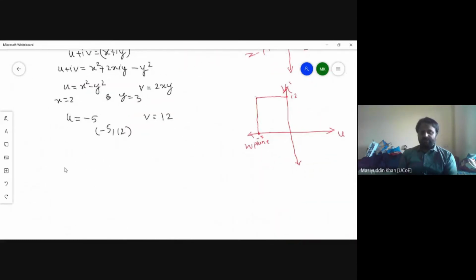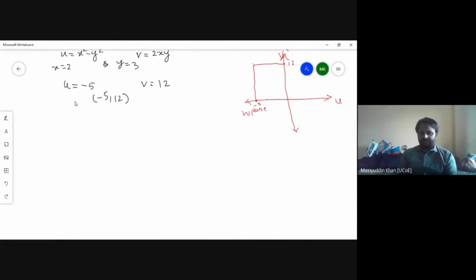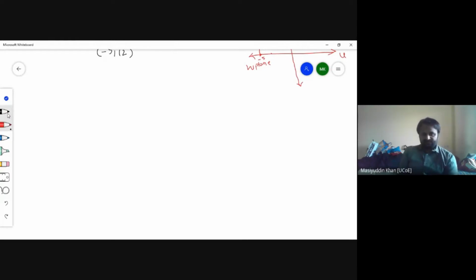Now, we are moving ahead with the next topic. This is just a basic definition of a complex variable. Now, the main important topic of this chapter is known as analytic function. Now, what is an analytic function? A very easy and simple concept.